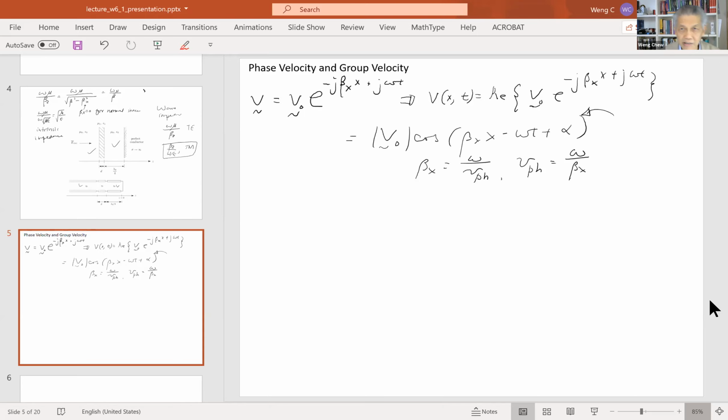But then when you have a beta x that is a rather complicated function of omega, then different frequencies would travel with a different phase velocity, which means that if you have a multi-frequency signal or non-monochromatic signal, then this will have multi-frequency components, and different frequencies would travel with a different phase velocity.